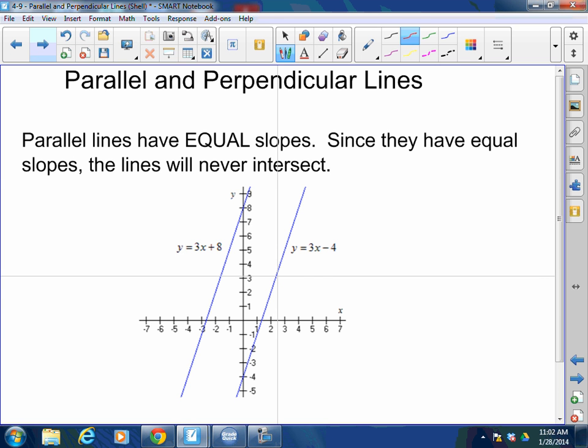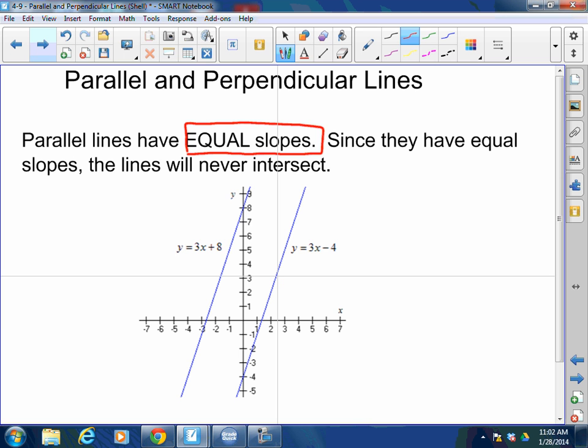But parallel lines, etch this in your memory, my friends, have equal slopes. Okay? They have equal slopes, but different y-intercepts. If they had the same slope and the same y-intercept, then that means they would be the same line, exactly.